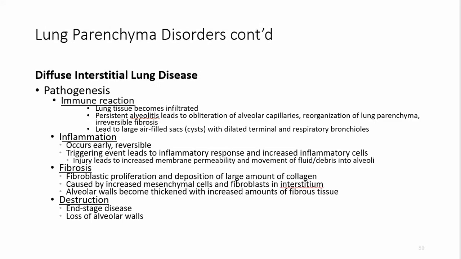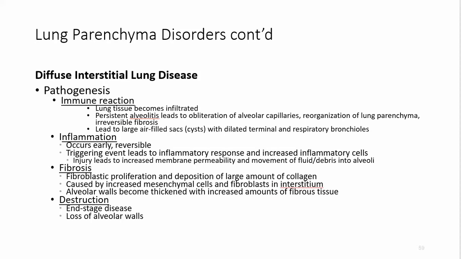So diffuse interstitial lung disease is related to this. There's usually immune reactions. It happens because of various irritants. It could be infections, chronic infections, that kind of thing. But it all leads to inflammation.